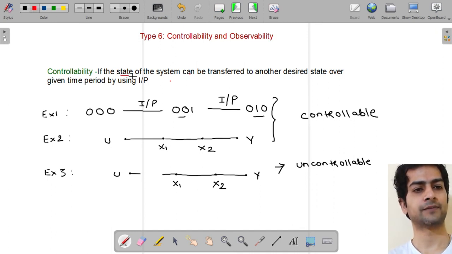If the state of the system can be transferred to another desired state over a given time period by using an input, then it is said to be controllable. Otherwise, it is said to be uncontrollable. I hope this is clear. The definitions part is not so important for your exam point of view, but still you should have basic knowledge of it, and mainly for interview. If it is asked, then you can define it.